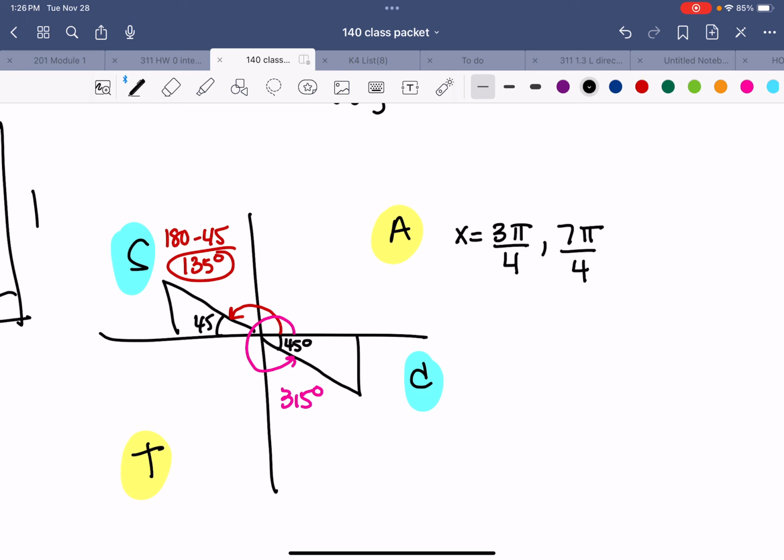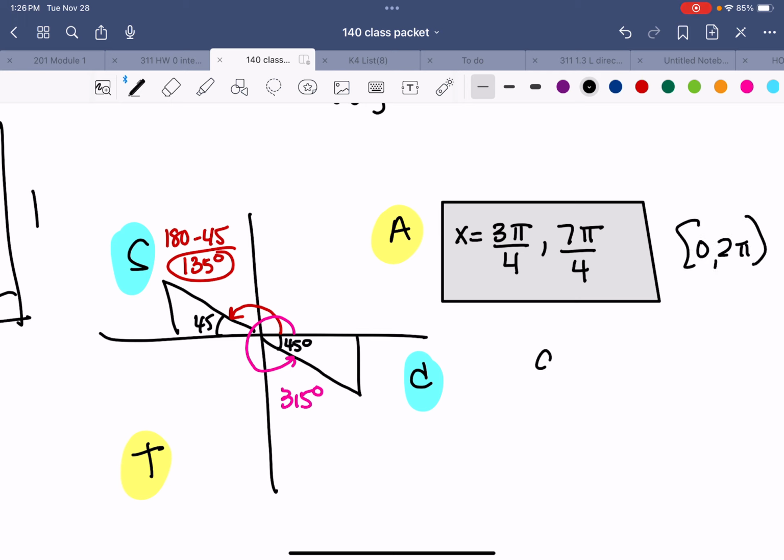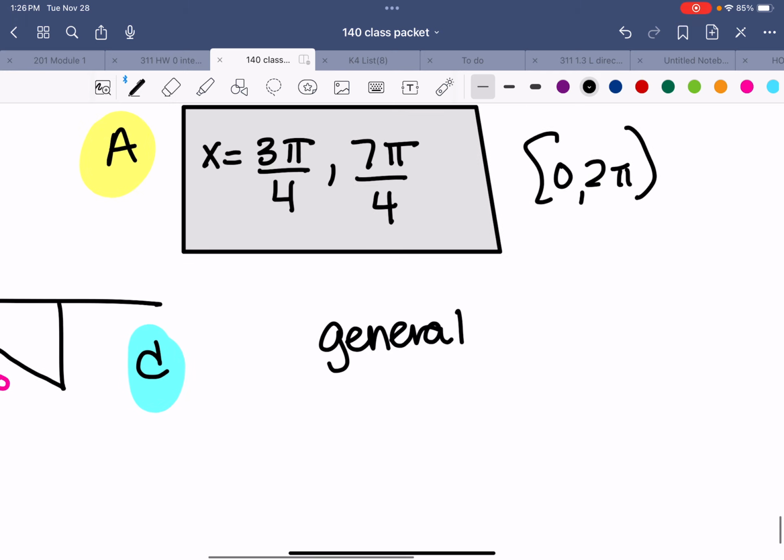Okay. So if they were asking for solutions from 0 to 2 pi, then this would be my answer, right? Now, if they ask for in general, then all I need to do is compensate for my coterminal angle.